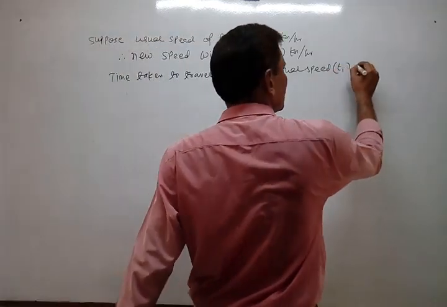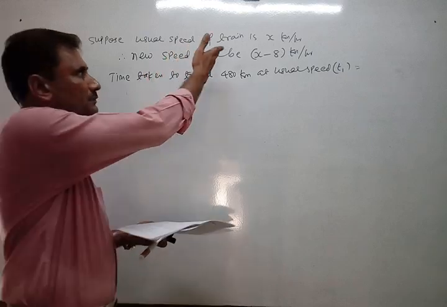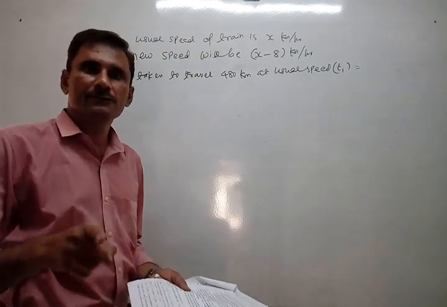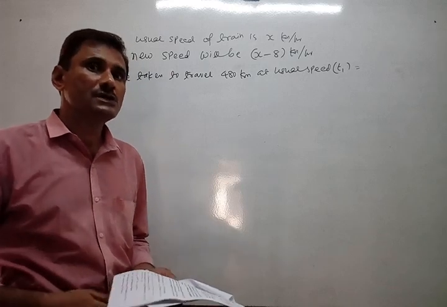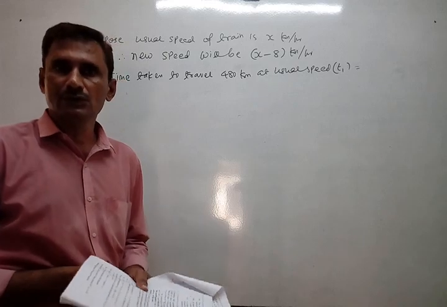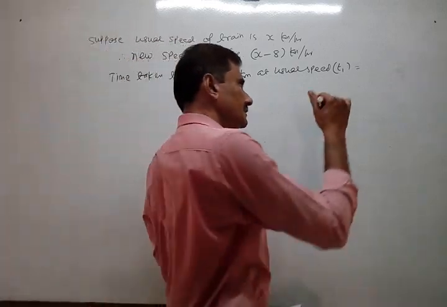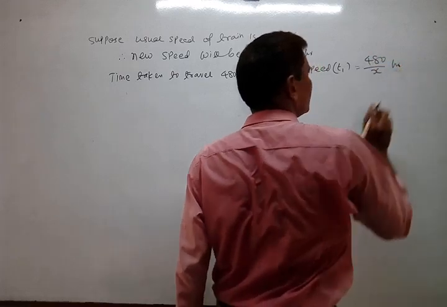So obviously, what is that? We have not supposed time, but we have supposed speed, and distance is given. We know time equals distance upon speed. So when I write here 480 upon x, that is T1.